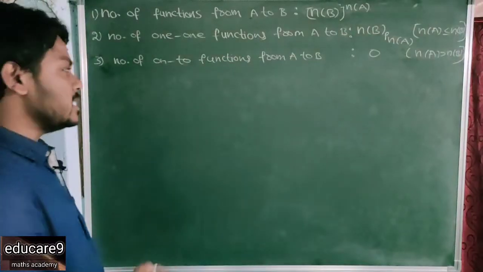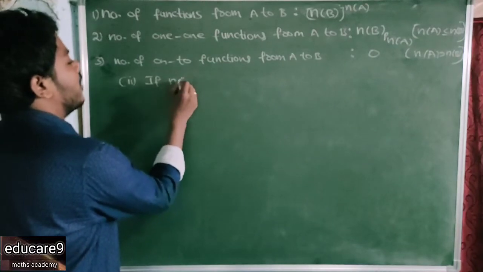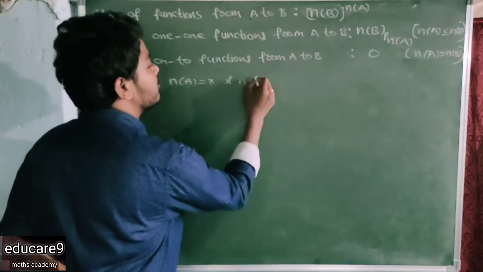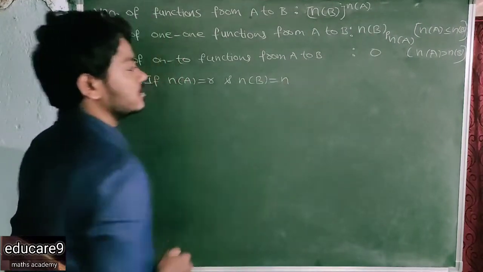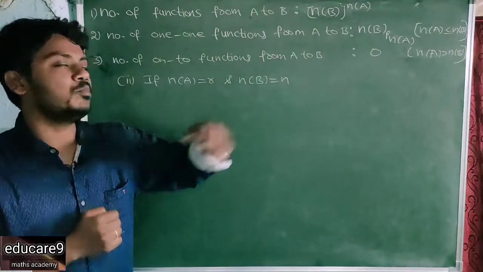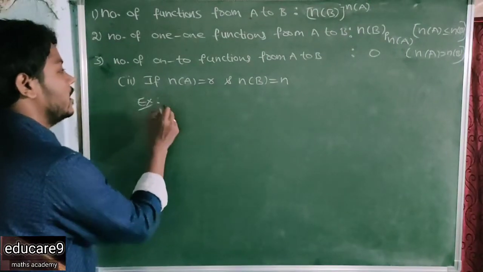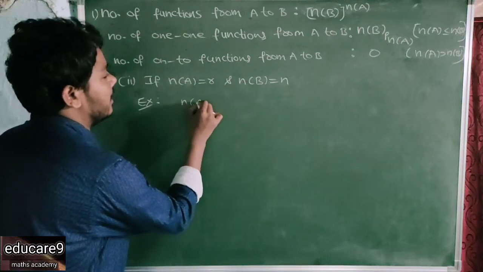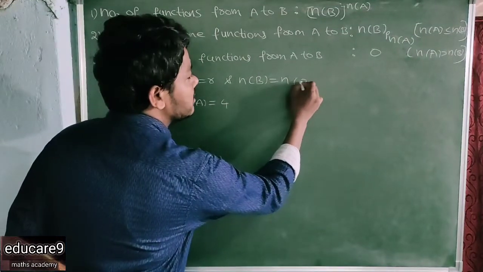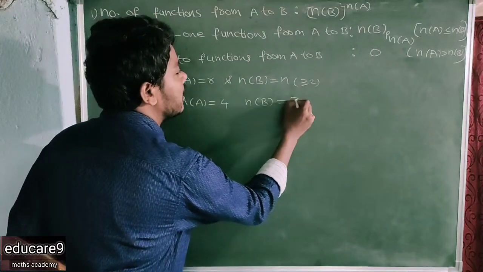So next, the second case: if the number of elements in A is equal to r and the number of elements in B is equal to n, now you have to find the number of onto functions from A to B. So for example, the number of elements in A is 4, where n is greater than or equal to 2, and the number of elements in B is 3.